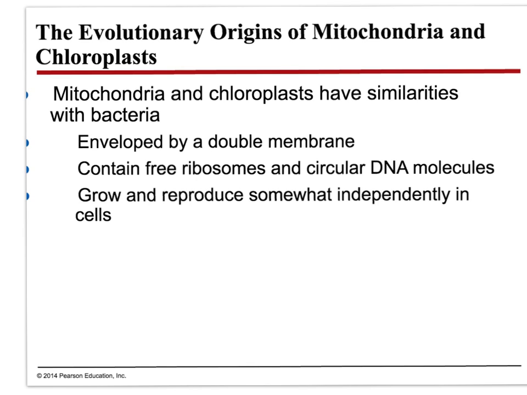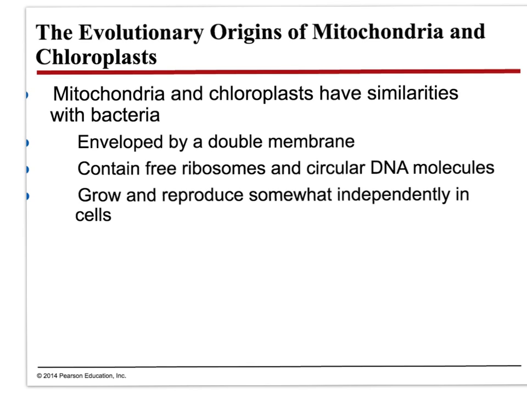What do you know about free living cells? What do all cells have to have? DNA. What else do all cells have to have? A membrane. What else do all cells have to have? Ribosomes.